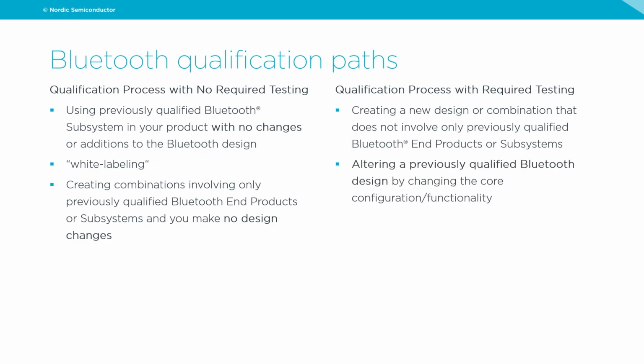It is also applicable when you alter a previously qualified Bluetooth design by changing the core configuration or functionality. This path is also applicable when you qualify a design that uses a previously qualified Bluetooth component product type, rather than a fully qualified subsystem.